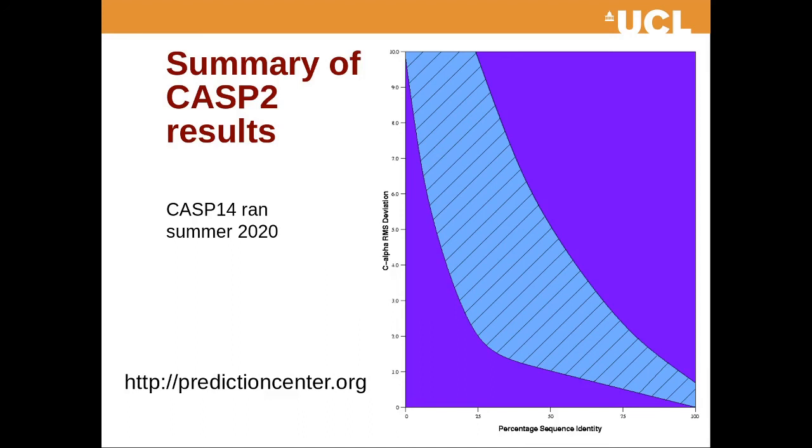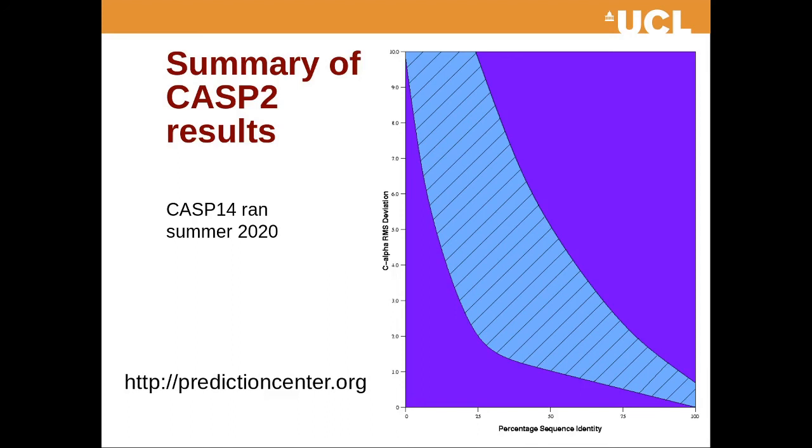Now, there has been stuff in the press and indeed on the radio saying that the protein folding problem is solved. I think that is going a bit too far, because although it's really clearly better on average than all of the other competing methods, it's not completely reliable.